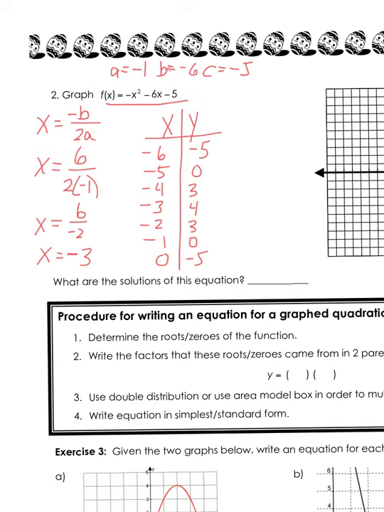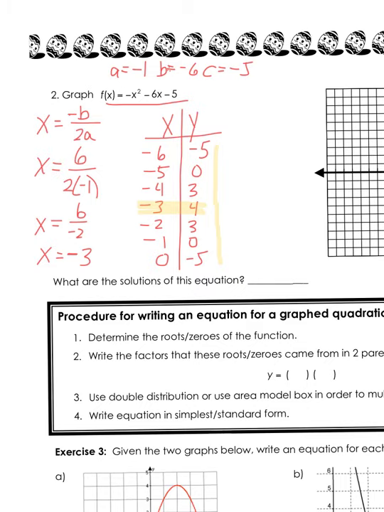And it does look symmetric to me. I can see that this certainly is where my turning point is. If I'm looking at these values, they're going up, negative 5, 0, 3, 4, and then at the turning point, they change from going up to going down, 4, 3, 0, negative 5.